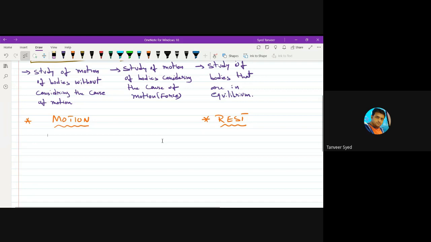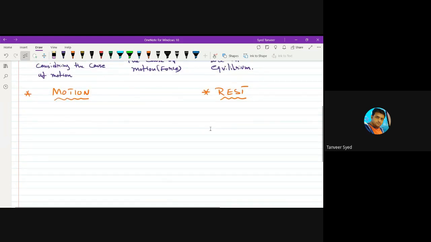A body can be in either of these two states, motion or rest. So when do we say a body is in motion and when do we say a body is at rest? If a body is not moving, it is at rest. If a body is moving, it is motion. It's okay, a logical explanation, but technically, motion and rest, these two states are defined with respect to the position of the body.